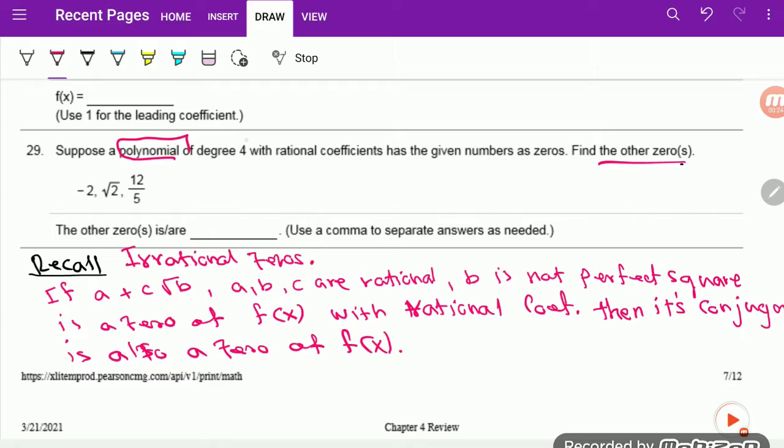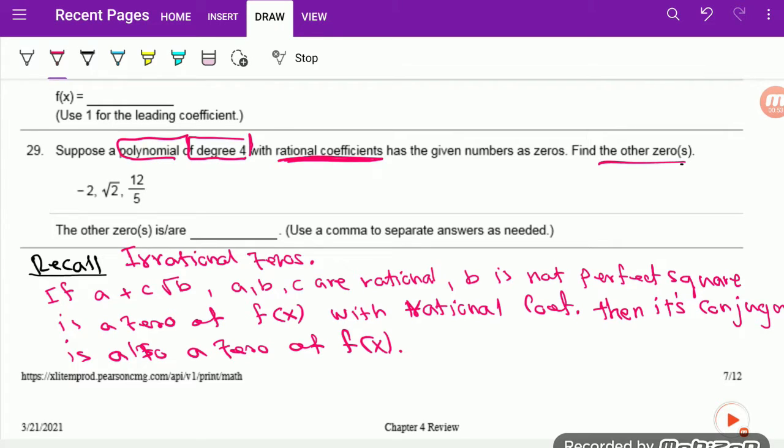The other important piece of information is that this polynomial has rational coefficients. So the an, an minus 1, an minus 2, etc., are rational numbers. And we are given 3 zeros for this polynomial, and we need to get the other zeros.